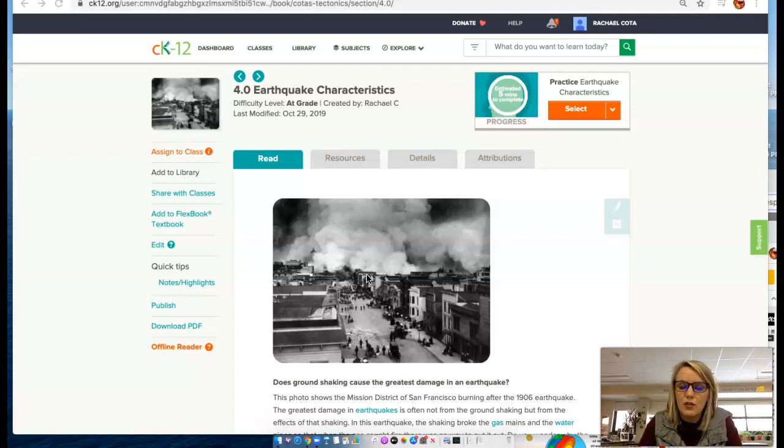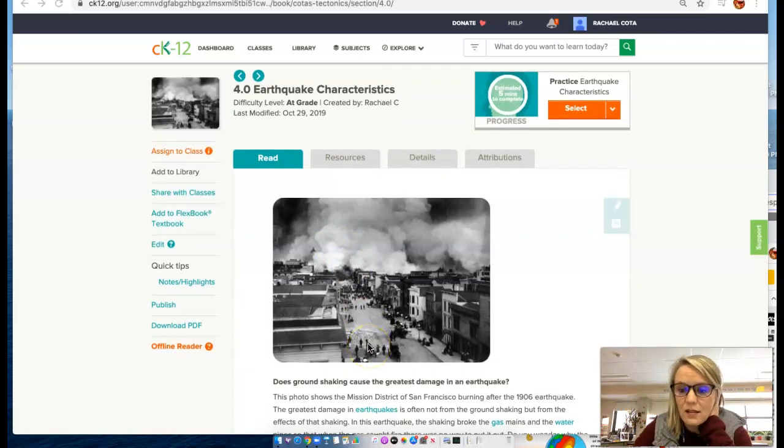The greatest damage that was done in San Francisco in 1906 was not from the ground itself shaking, but from all of the after effects. And that is still the same today. It's not necessarily from the shaking, but from things like gas lines breaking and water lines breaking and rubble being piled up, and then the aftershocks, all of those continued earthquakes that happen afterwards, can really be dangerous.